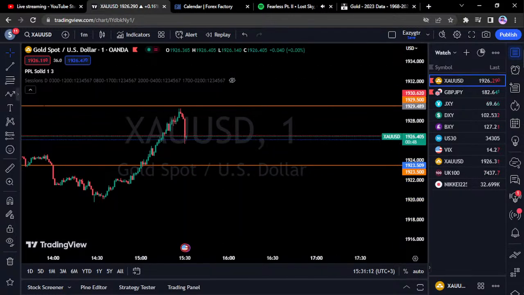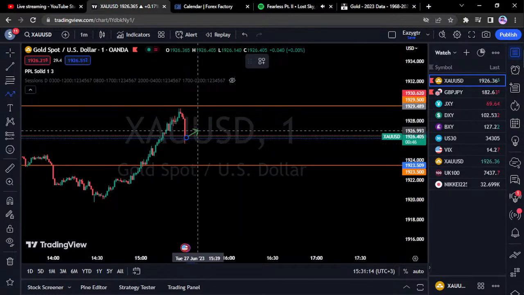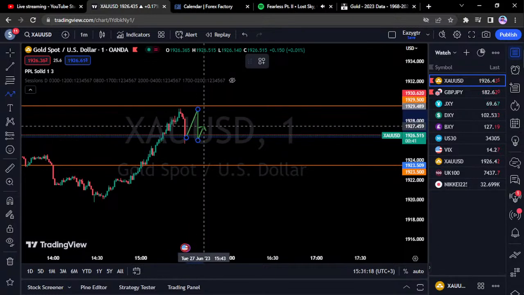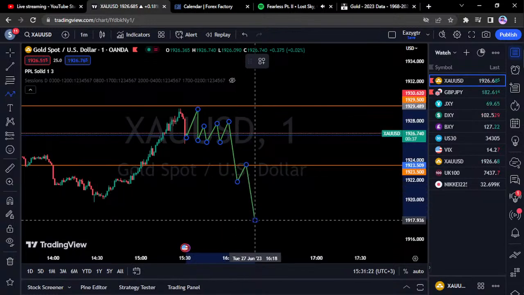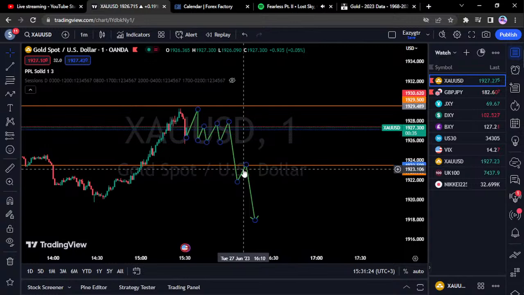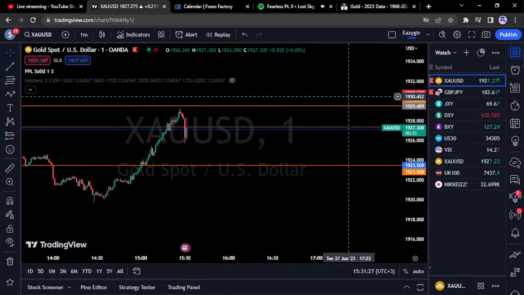But since we had it right on the forecast, price might pull back to give us our entry, or price might just range within this area, then we can wait for the break below. So that's just what I'm expecting to happen.